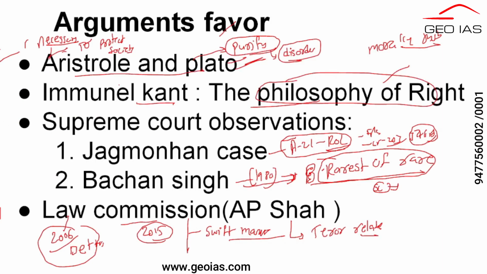So what we can understand from all these points is that the scholars, the Constitution and the Supreme Court somewhat stick towards capital punishment. They favored capital punishment in its existence.